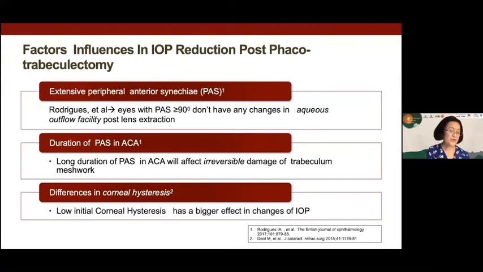Furthermore, the long duration of peripheral anterior synechiae formation will cause irreversible damage to the trabecular meshwork. This suggests that lens extraction alone is still not sufficient to reduce IOP optimally. We believe this is one of the reasons the greater changes in IOP were found in the group treated with combined phaco-trabeculectomy.